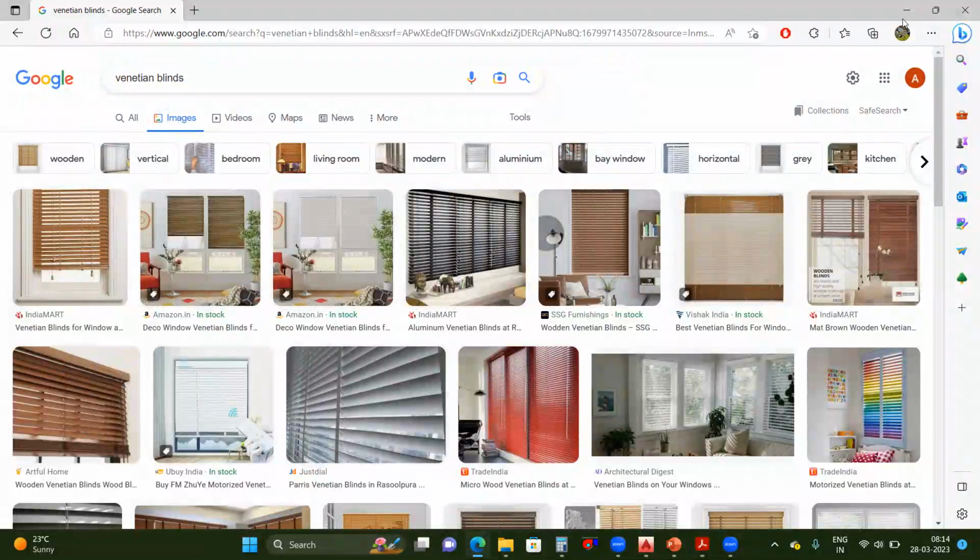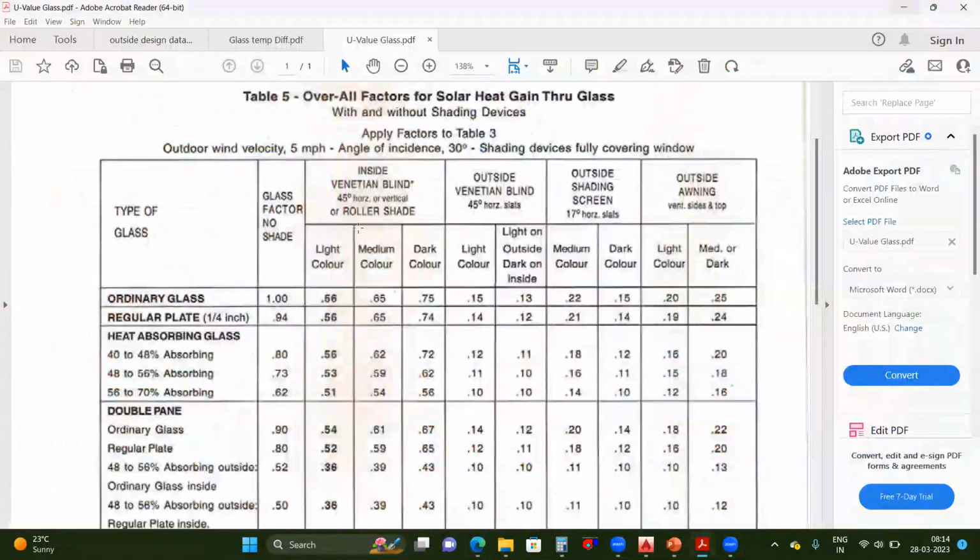If we are using them inside, we can take these three values. If we are using outside Venetian blinds, we can take these two values. Then outside shading screen, outside awning. So these are the different types of windows. I will take it as ordinary glass and no shade, that is the value 1.